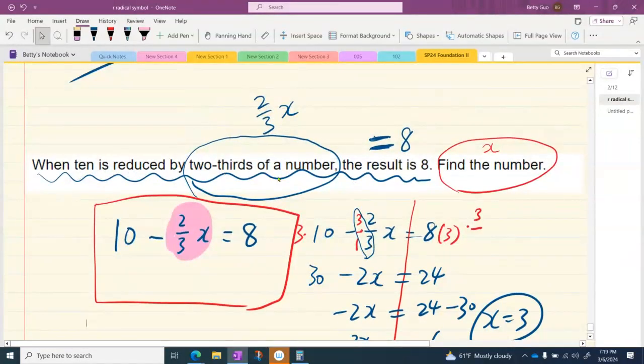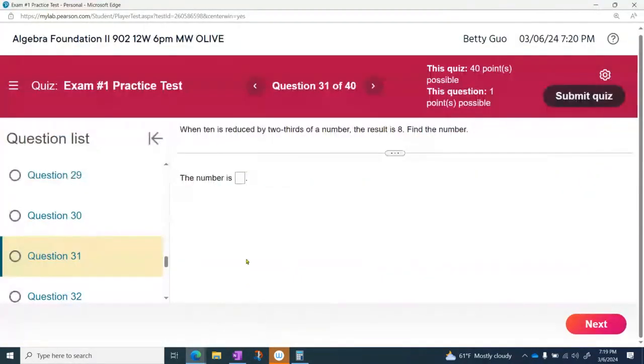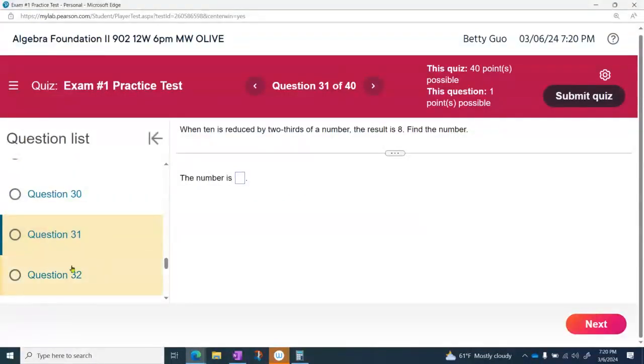10 is reduced by 2/3 of a number. 2/3 of 3 is 2. 10 is reduced by 2 gives you 8. All right. Any questions about this problem? And let's continue.